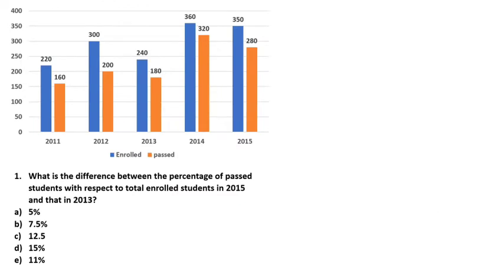What is the difference between the percentage of passed students with respect to the total enrolled students in 2015 and 2013? In 2015, we have 350 students enrolled, 280 students passed.